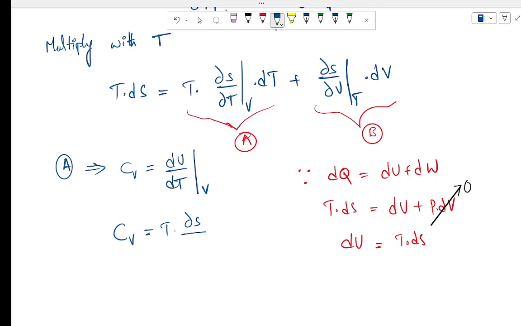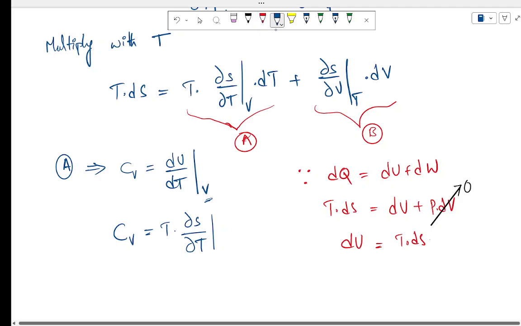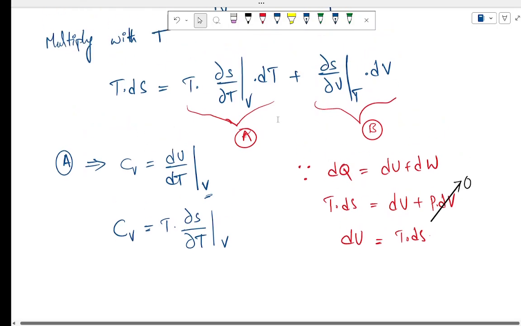That is, only one thing is constant at this place, only volume is constant in this expression. So I will use ∂S by ∂T at constant volume. So this is my Cv here.